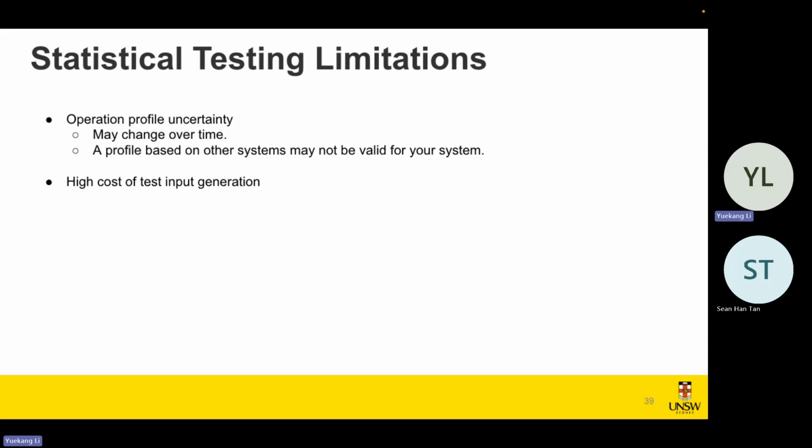we may suffer a very high cost for test input generation. Because in order to observe failures, sometimes we may need to generate a large amount of requests in a short period of time. In this case, the cost could be very large.